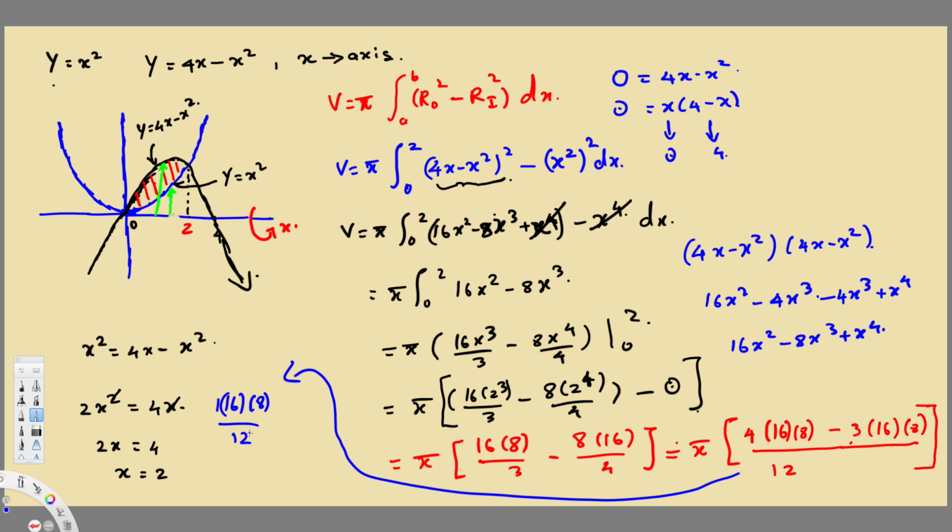We can now simplify this one. And don't forget the pi, we have a pi in front of it, right? And then if we simplify this one, this is going to be 4 times 3, 12, 4 times 2 is going to be 8, so 16 times 2, 32, so 32 pi over 3 is going to be the final answer.